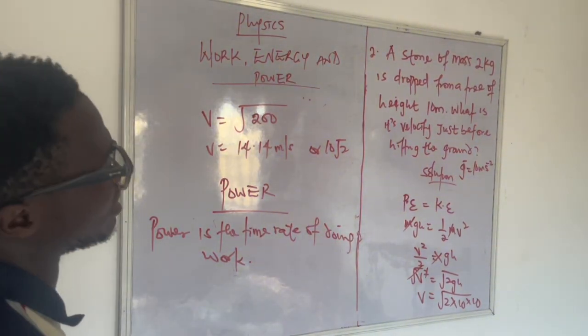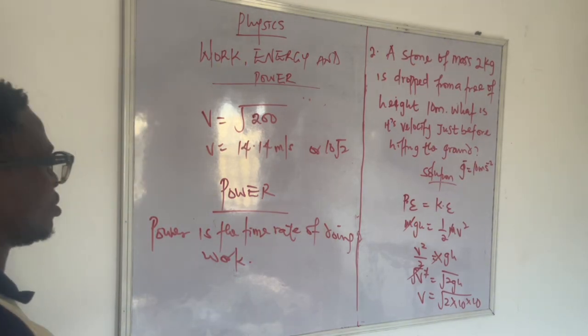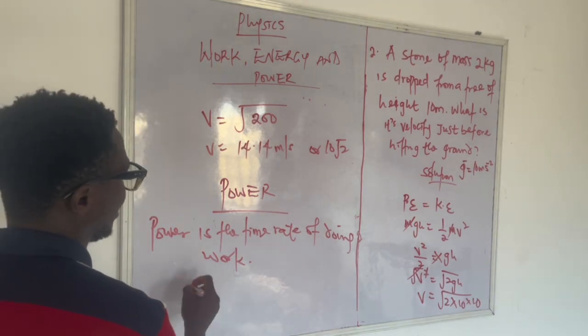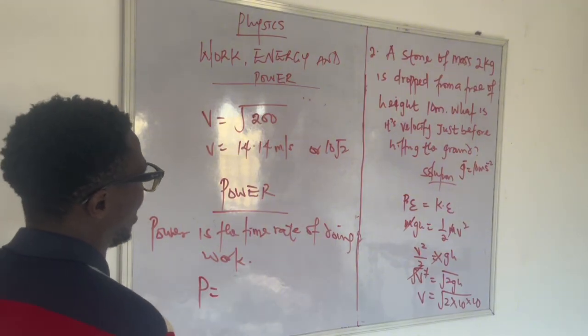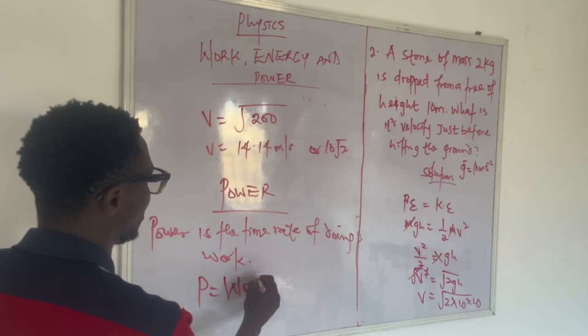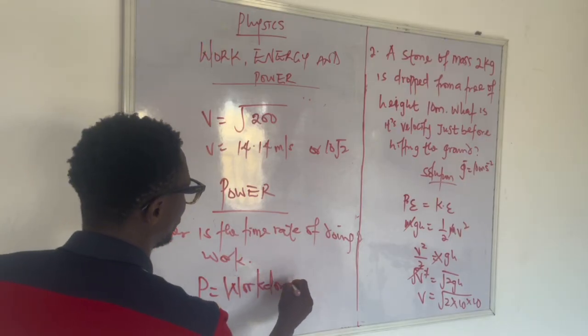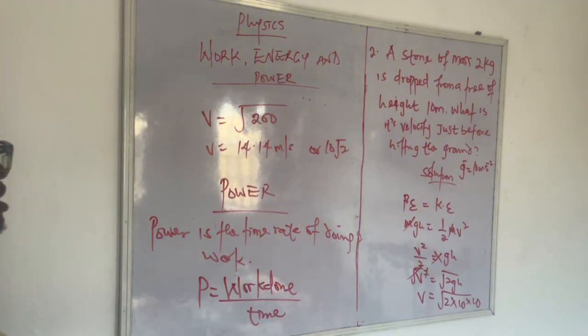So the formula for power is work done over time.